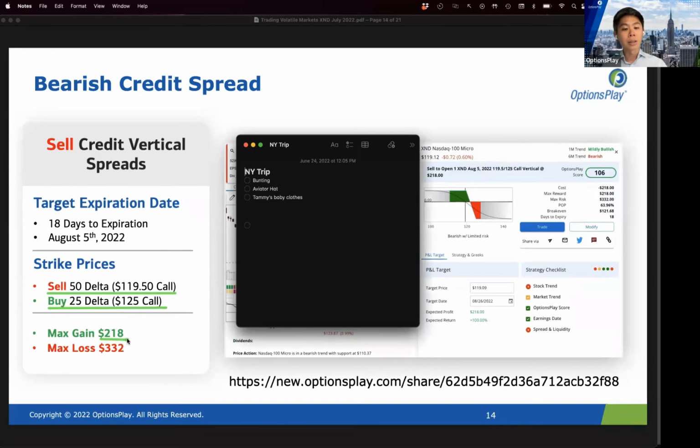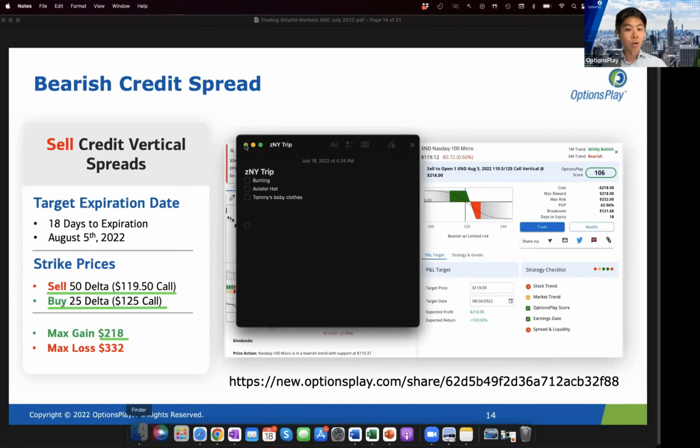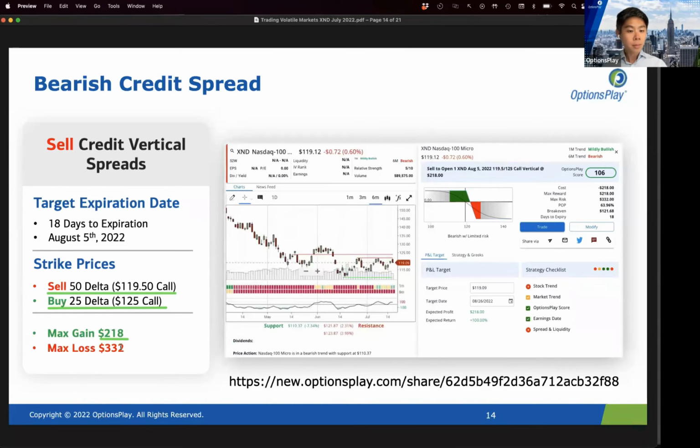You're going to collect $2.18 on this roughly $5 credit spread, so just around 40% of the vertical width. That risks $332 for every $218 you can potentially make, a little bit better than a 1.5 to 1 risk to reward ratio.